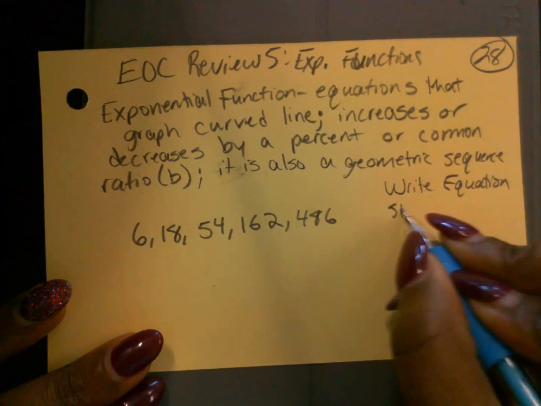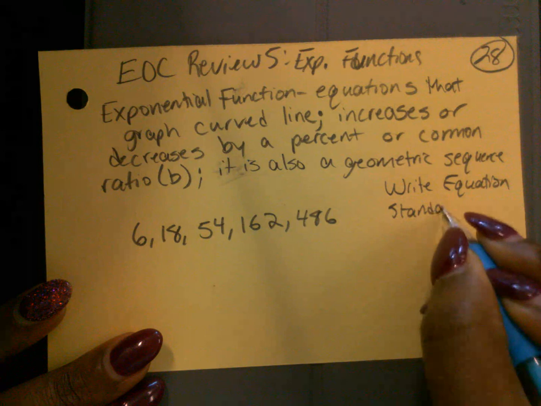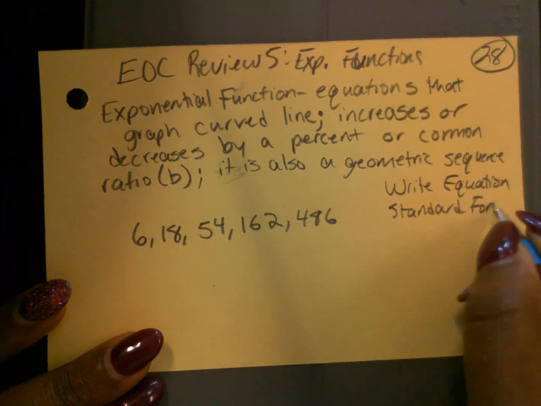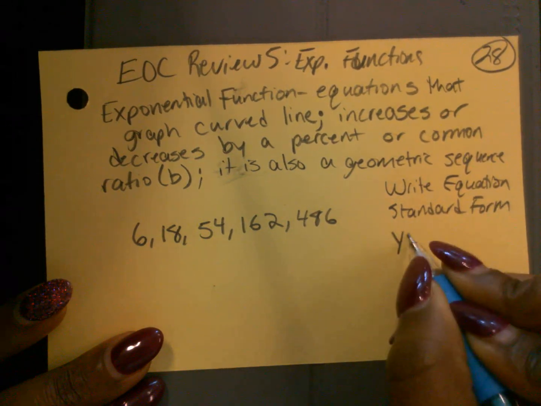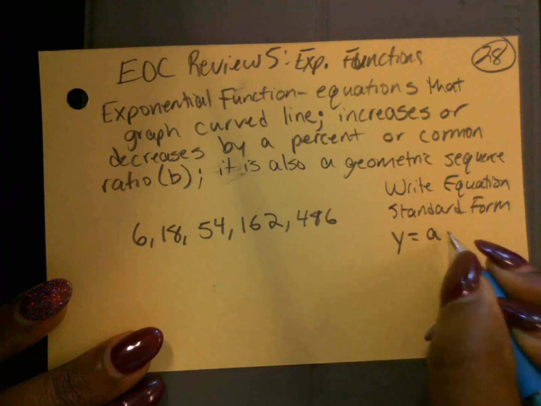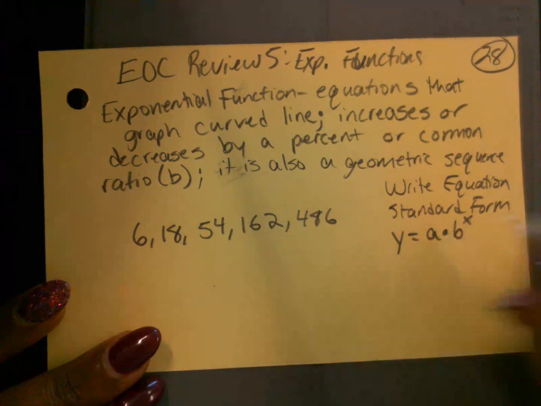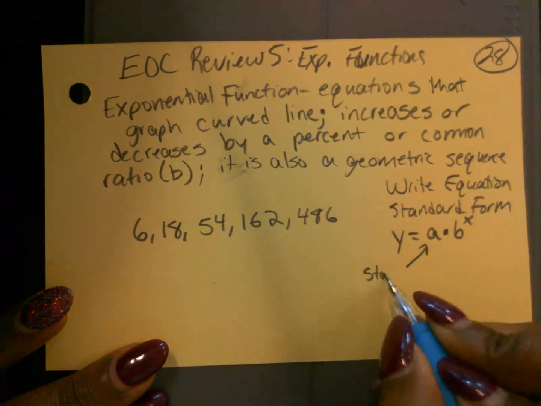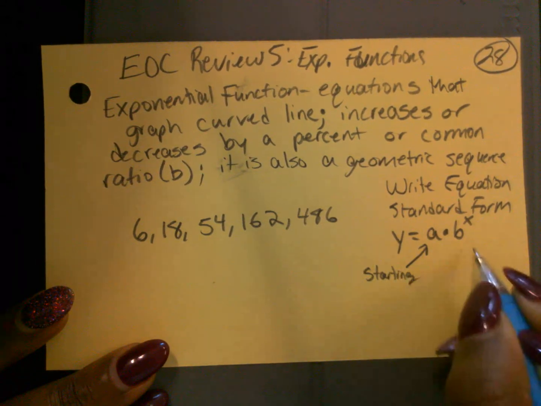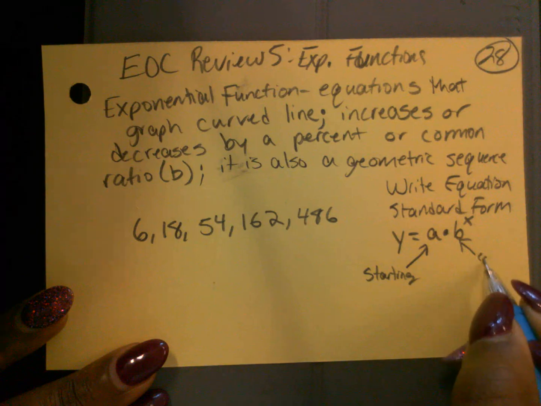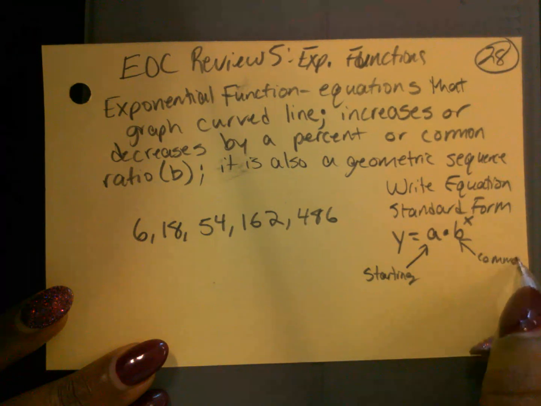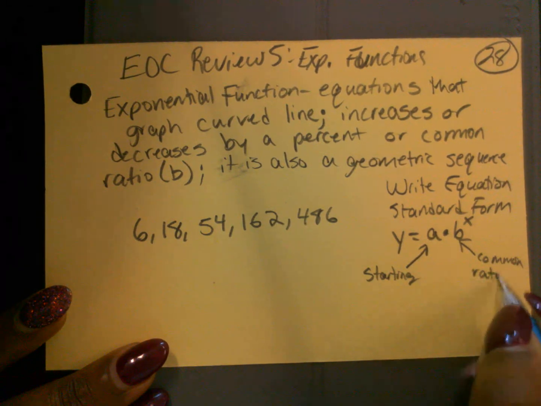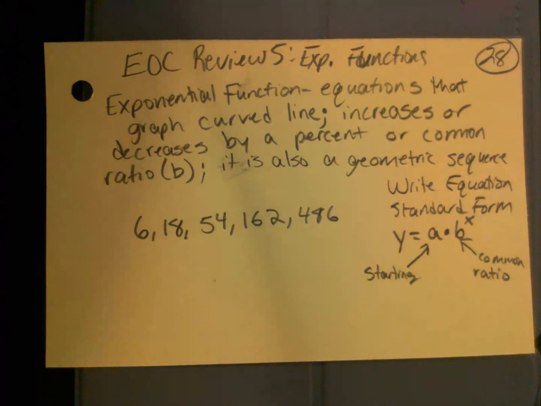The standard form for an exponential function is y equals a times b to the x power, where a is your starting amount and b is your common ratio. I'm going to pause for the cause to give you a chance to write.